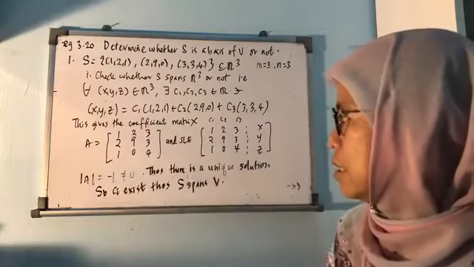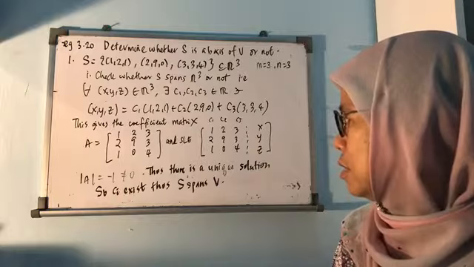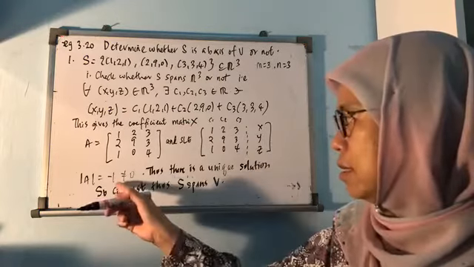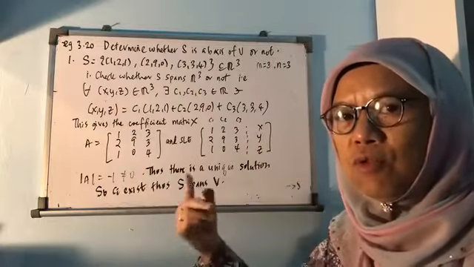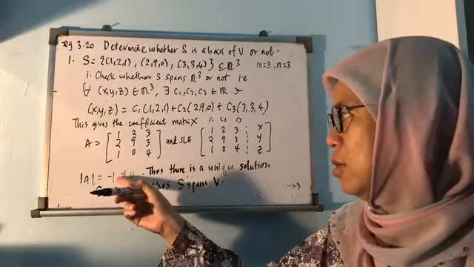Because if the determinant is not 0, there is a unique solution, so it's spanned. The problem occurs if it is 0 and you need to find the spanning. You cannot find it by using this.